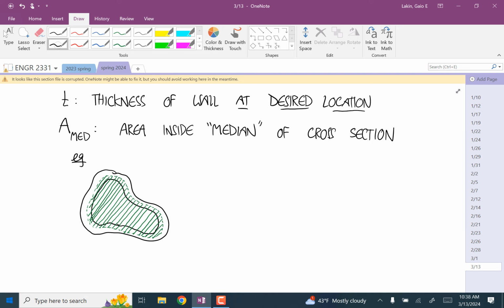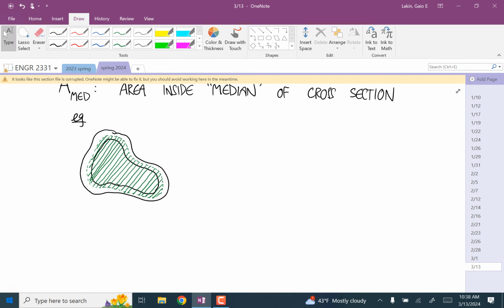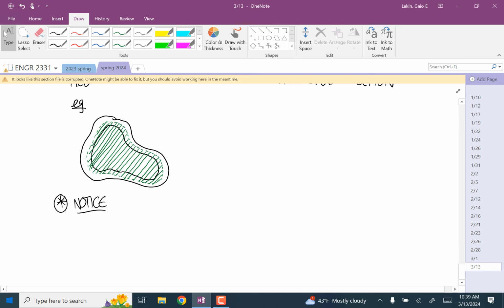One thing I want you to notice though, because there's some shapes, say you have a triangular shape with different thicknesses, and you're like, okay, where do these lines meet? Don't kill yourself getting an exact measurement of that median area. These walls are thin.